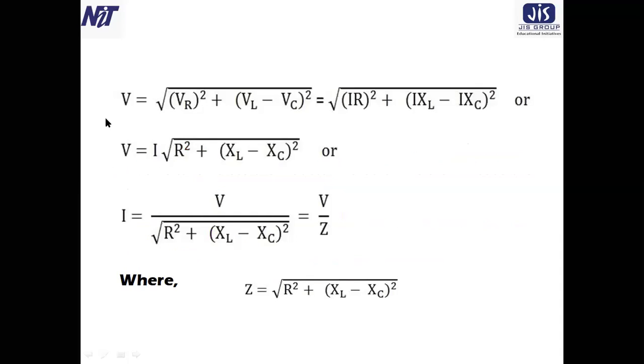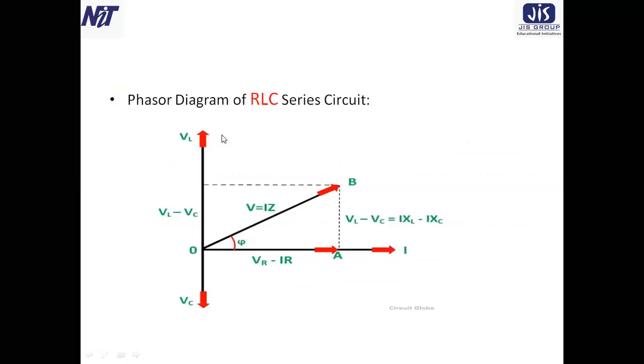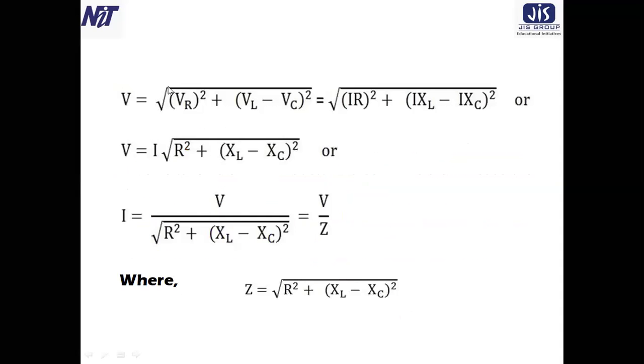Now the question is, how can we find this applied voltage? Applied voltage is the summation of VR plus, so it's simple, the Pythagoras. So V square equals VR square plus VL minus VC whole square. Very simple. So that is written here, VR square plus VL minus VC whole square. What is VR?